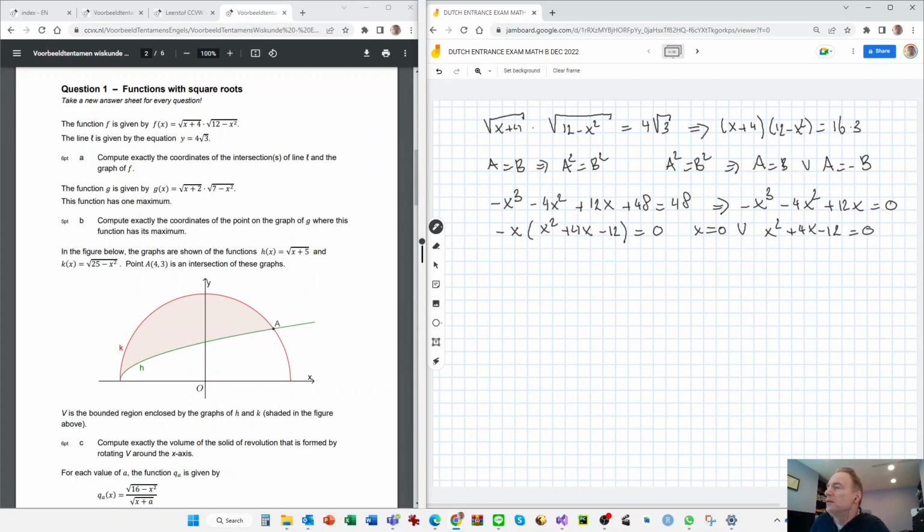Let me see if this can be decomposed. Yeah, you can see this is 2 times 6.